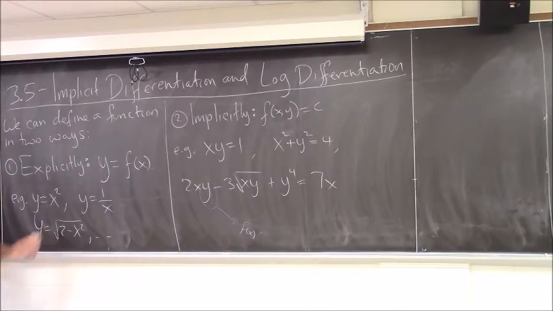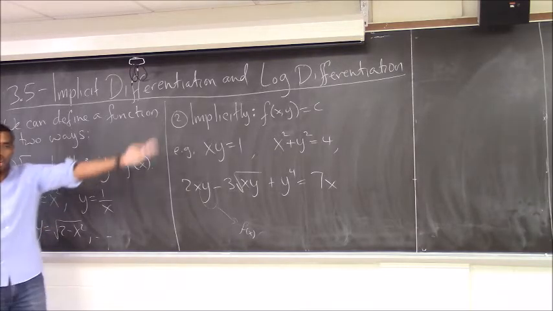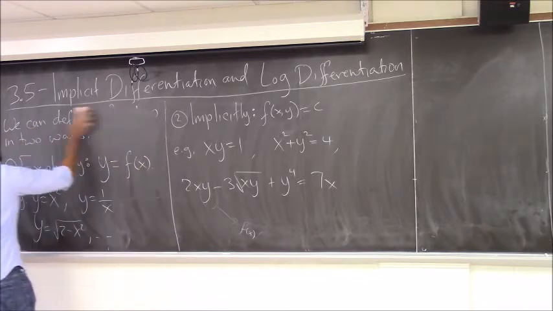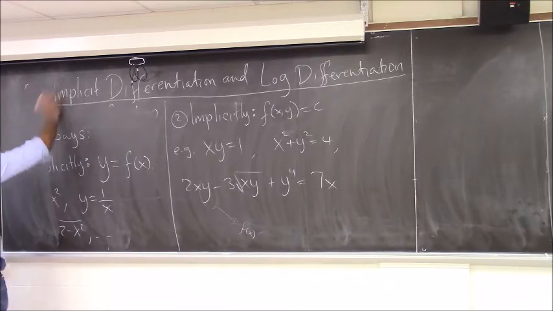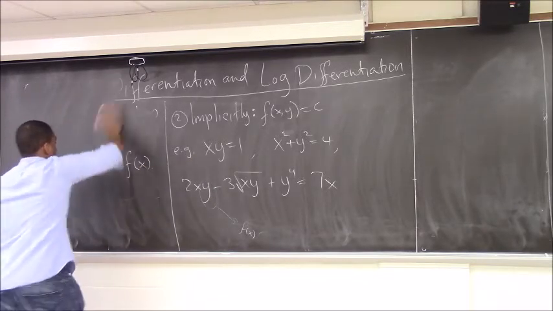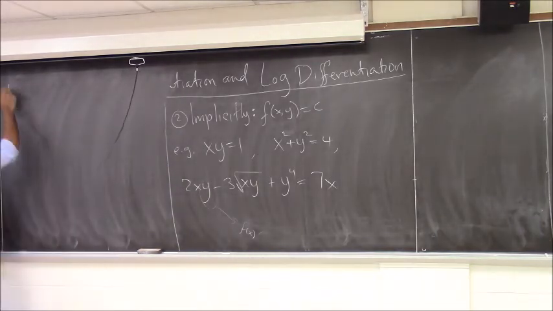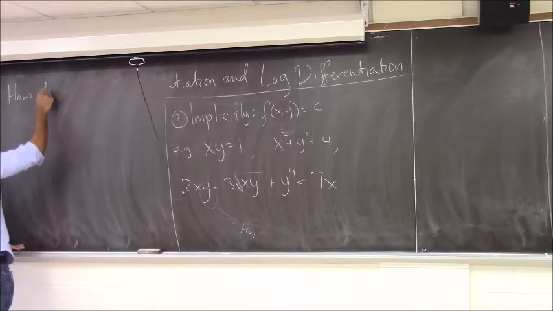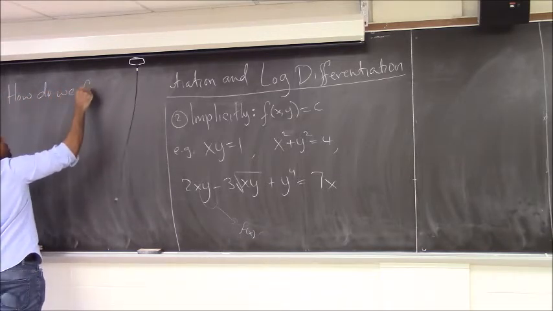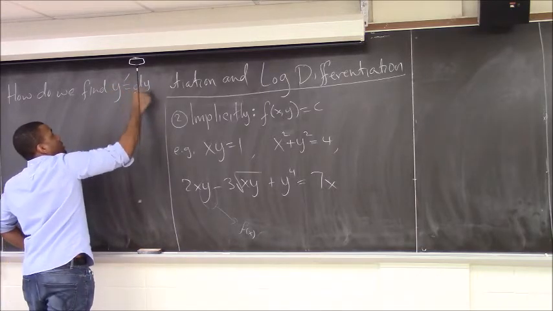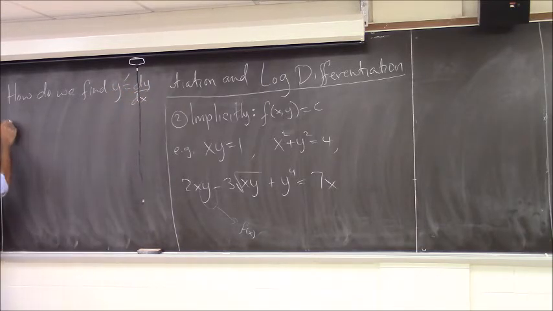So those are the two main ways to define a function. This way we kind of know how to deal with. To find derivatives, you just use the rules that I had you repeat just now. Here, that's a little bit more tricky. Well, it's not really tricky. It's going to be an application of the chain rule. So the question is, how do we find y prime, or specifically dy/dx, in the implicit case?